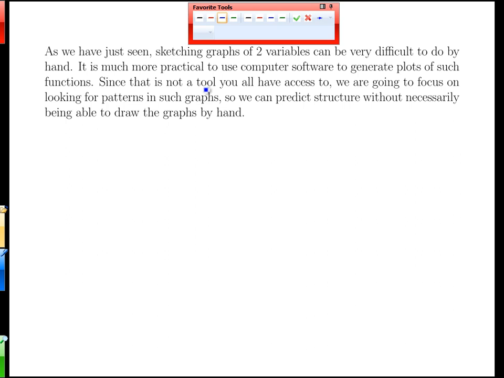We are not going to ask you to sketch two variable functions. It's not going to happen. We're going to find alternate ways that you can sketch by hand, and we're going to rely on recent modern inventions, computers, to let us plot these graphs so at least we can see an association between the graph and the function that we're working with.